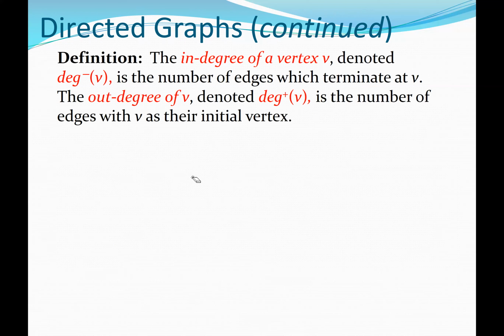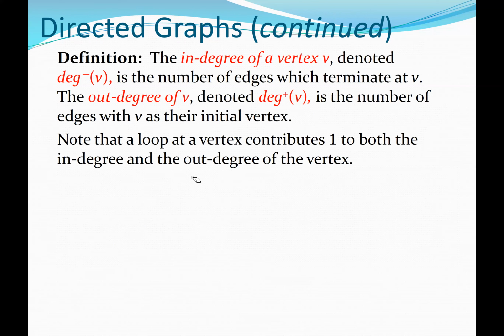The in degree is the number of edges which terminate at V. So it's coming toward V. And then the out degree of V, denoted by d plus of V, is the number of edges with V as their initial vertex. So you can see one is coming to V, one is coming out of V. Coming out from V, we call that degree plus. Coming into V, we call degree minus.